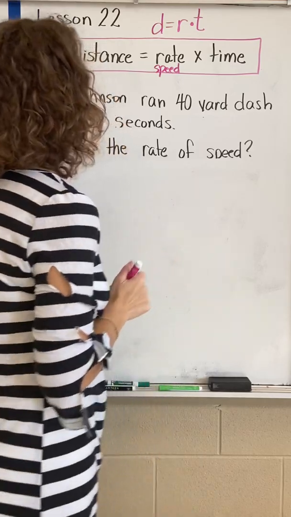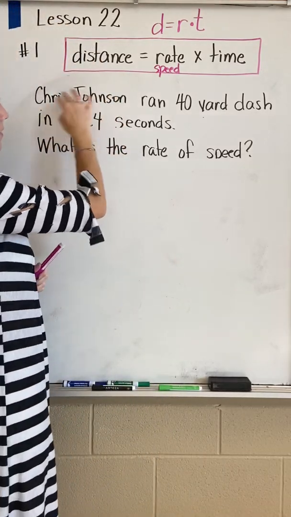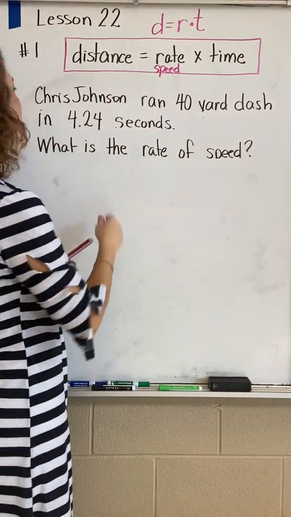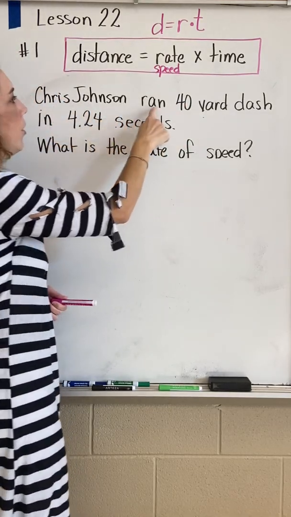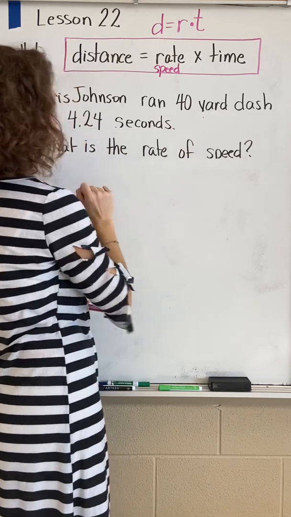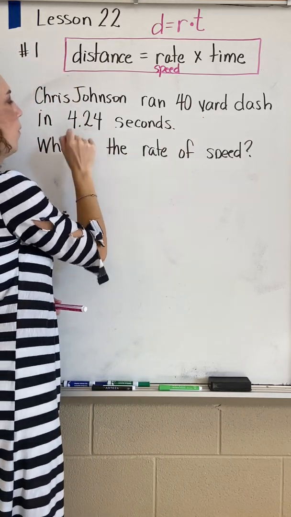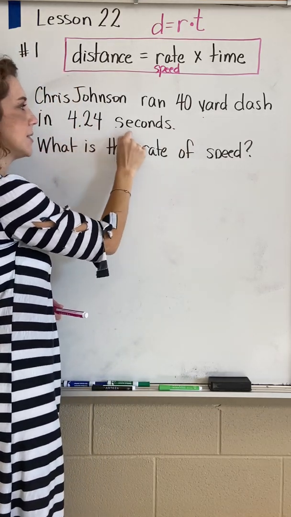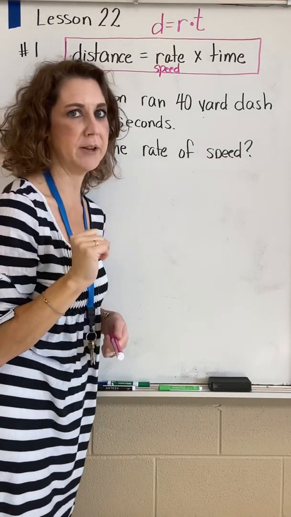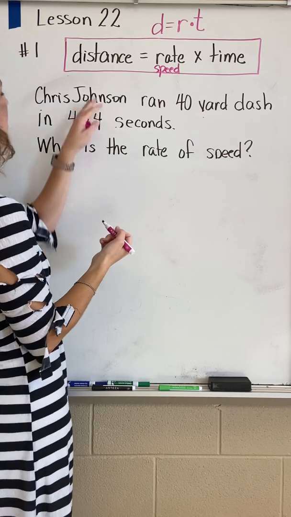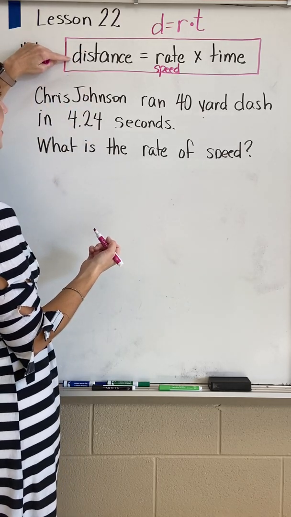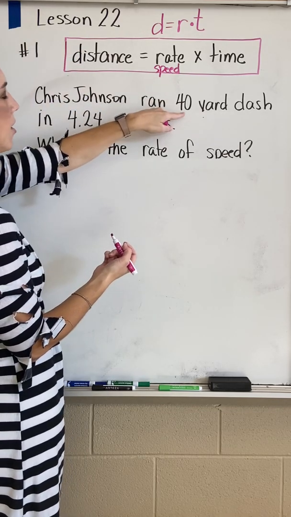Okay. And so this person, he's a runner. He's probably well known in the track and field world. I don't know him, but Chris Johnson ran a 40-yard dash in 4.24 seconds. That's pretty fast. So we could figure this out. We could say that the distance he ran was 40 yards.